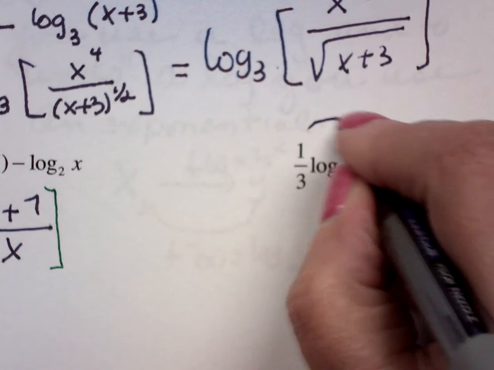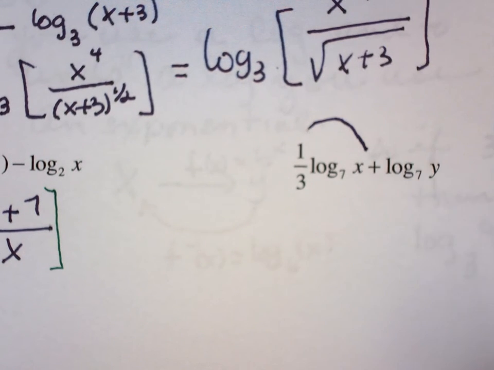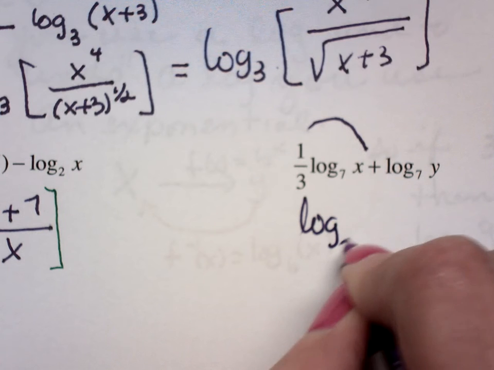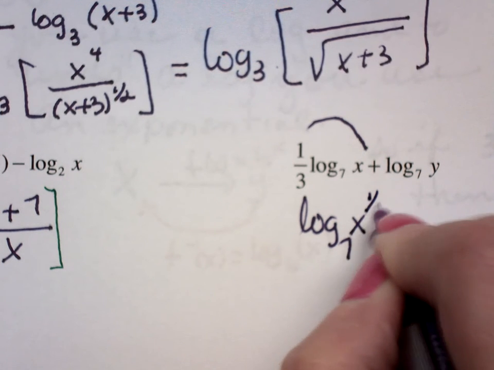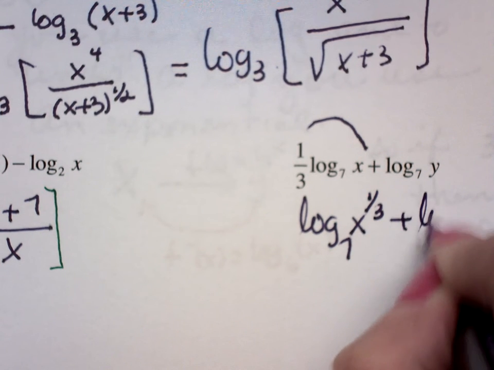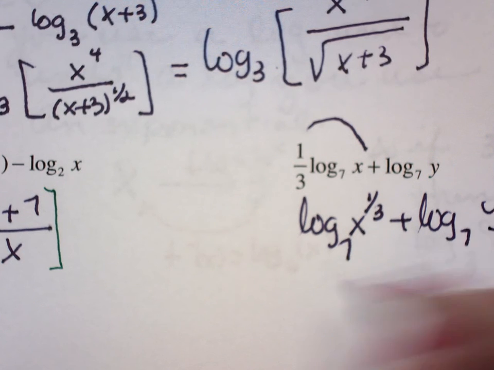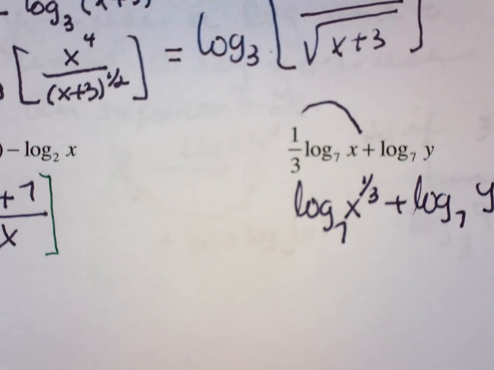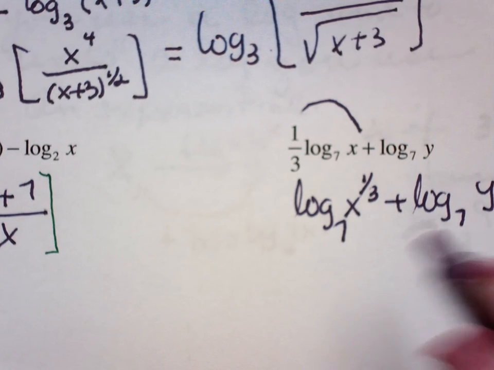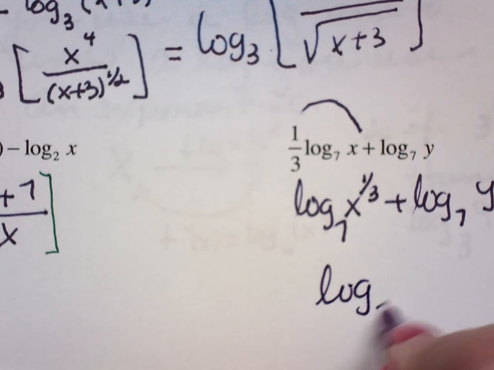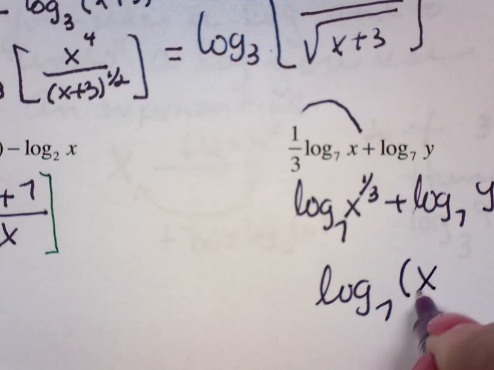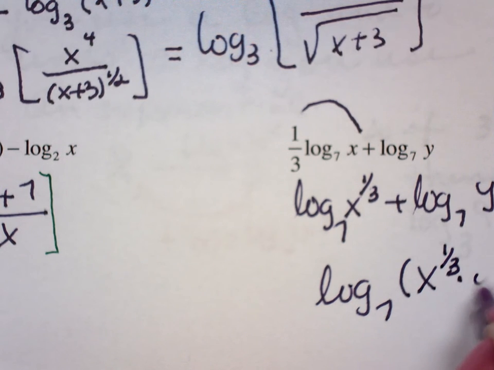Now we can bring the exponents up first. Log base 7 of x to the 1/3 plus log base 7 of y. And then a sum turns into a product. Log base 7 of x to the 1/3 times y.